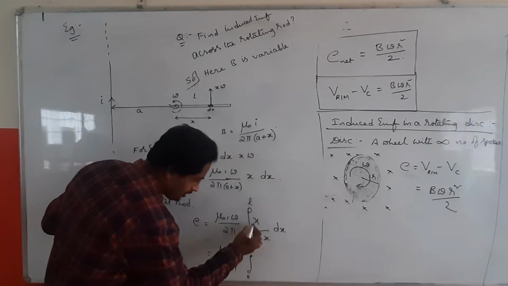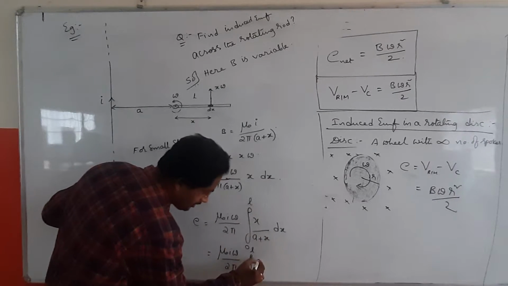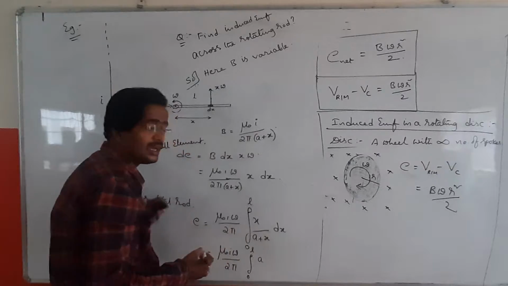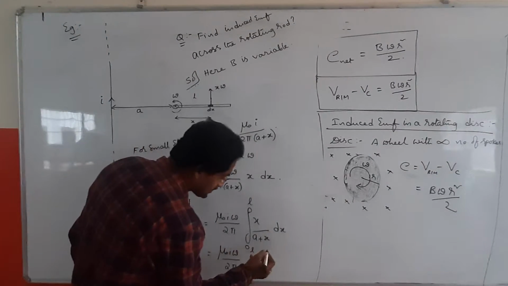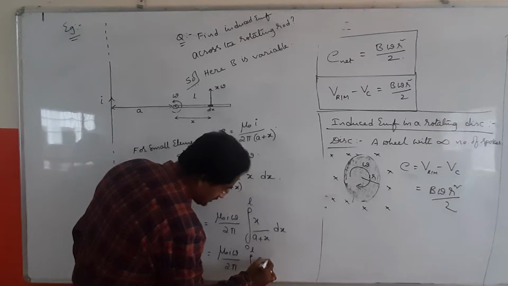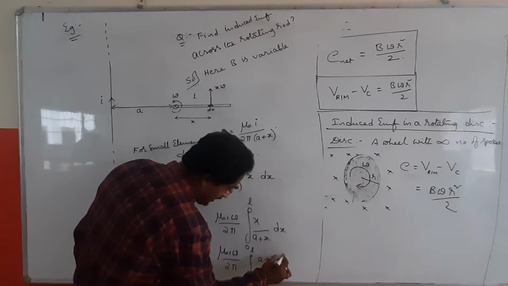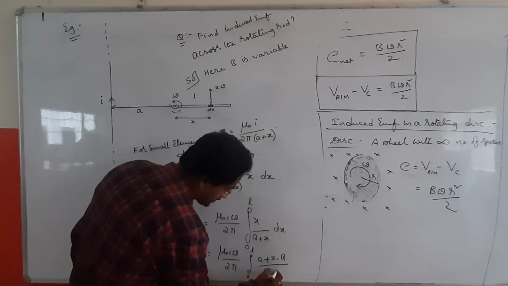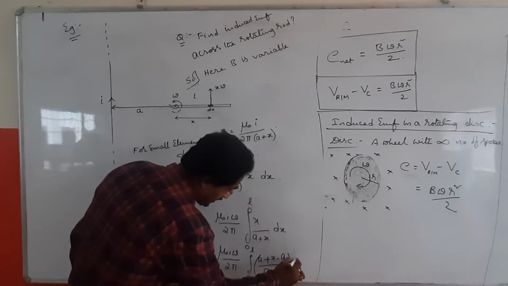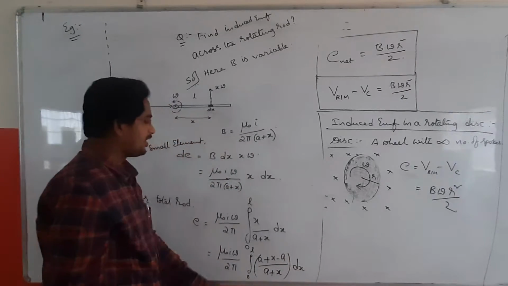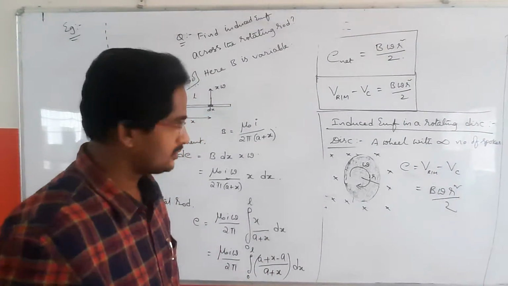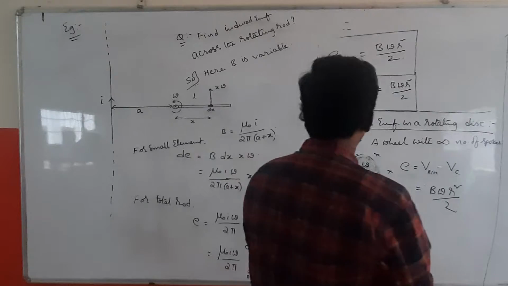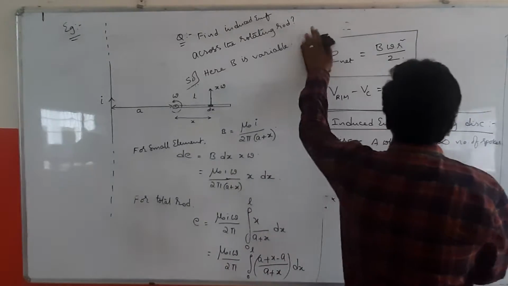This is what I am suggesting you, do this at home. You have to add and subtract a in the numerator, then we get a plus x minus a divided by a plus x into dx. By that, what will I get here?